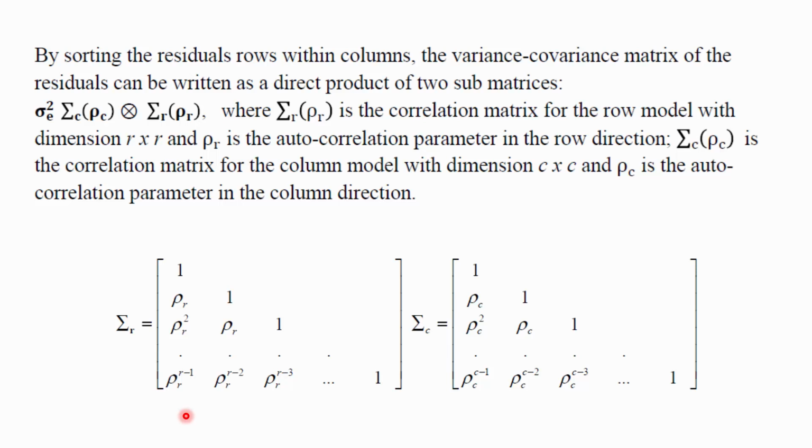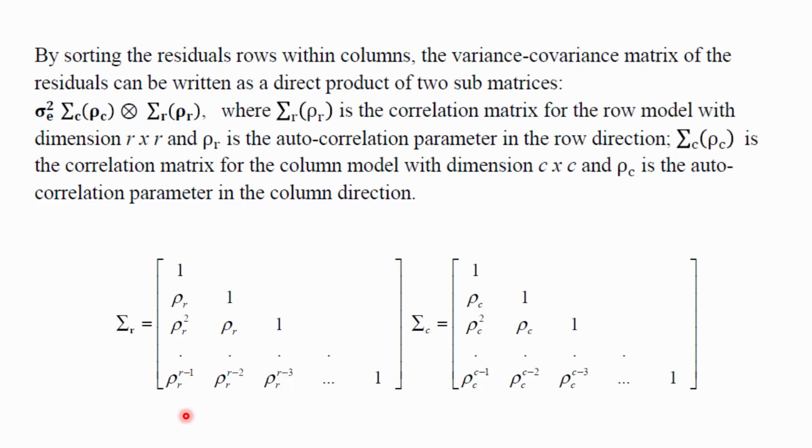So you have a decreasing correlation specified by the exponent. That's what the structure of the matrix looks like. You're going to have decreasing correlations as rows become further apart and as columns become further apart.